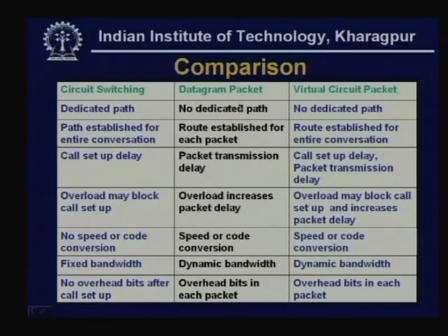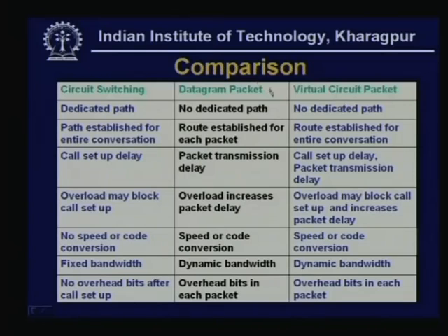On the other hand, in datagram packet switching, the route is established for each packet, that means each packet is treated independently. As a result, the route is established for each packet separately, and in case of virtual circuit, the route is established for the entire conversation, that means for all the packets of the same message. So, these are the differences between these three.